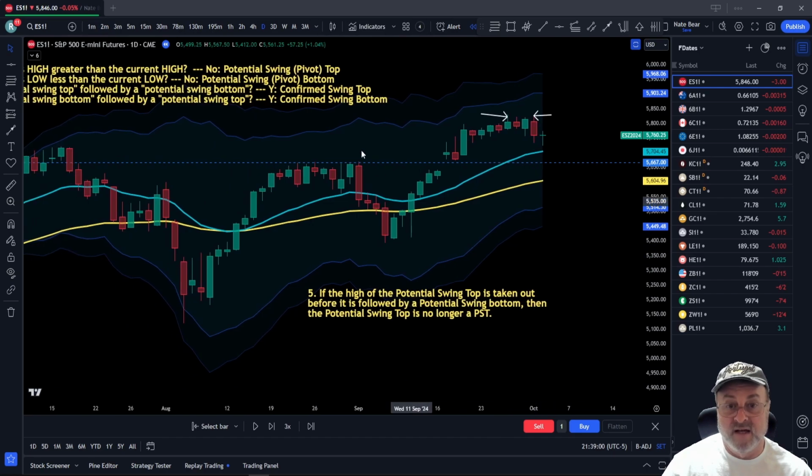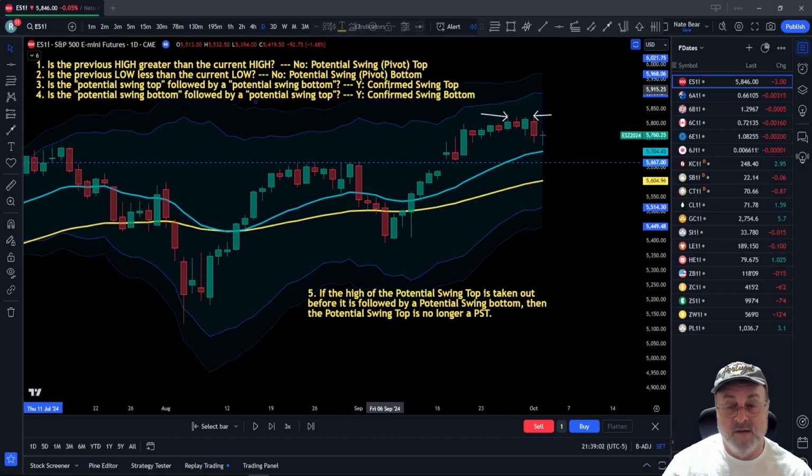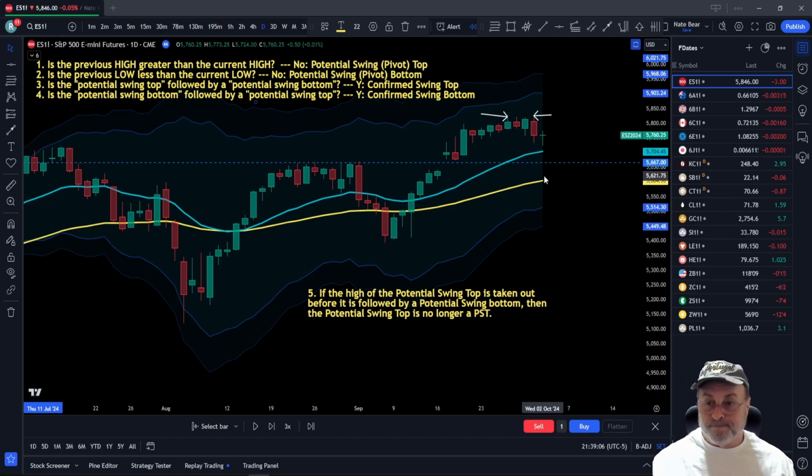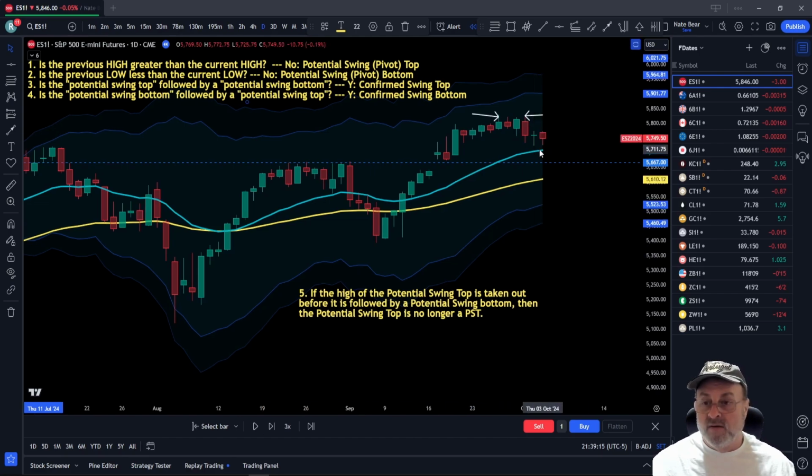Let's see if we can get everything to fit so you can keep your notes there. Okay, this is now a potential swing bottom. Let's go to the next bar. Now, is the previous bar lower? Yes. So it can't be a potential swing bottom.